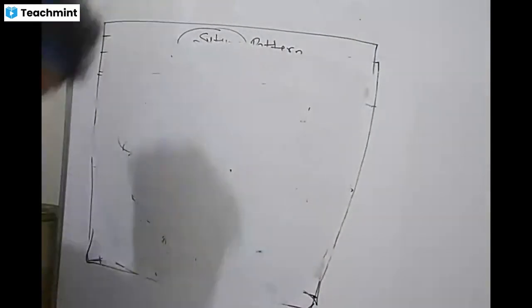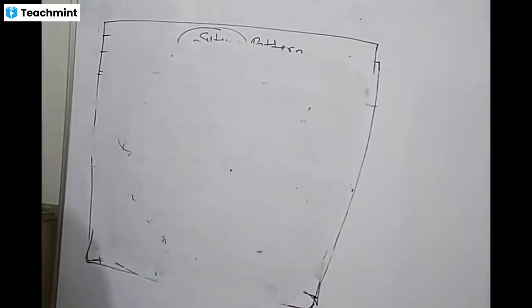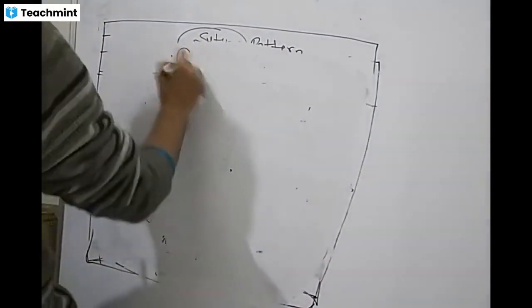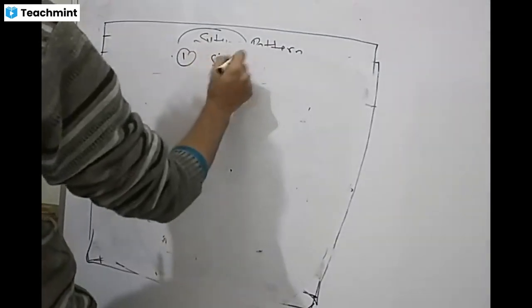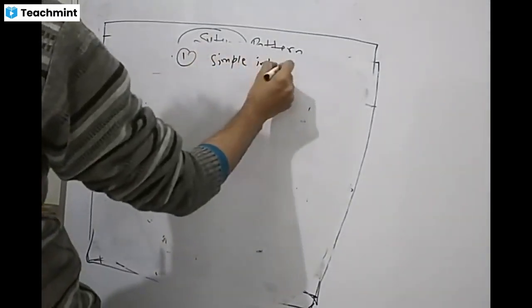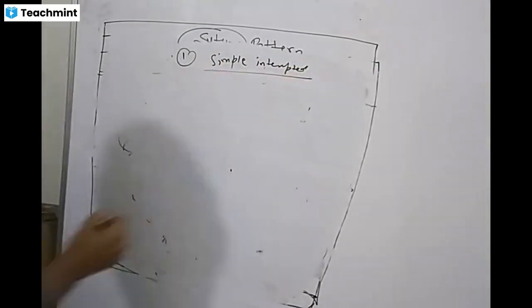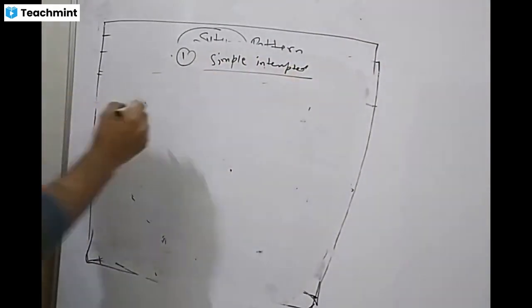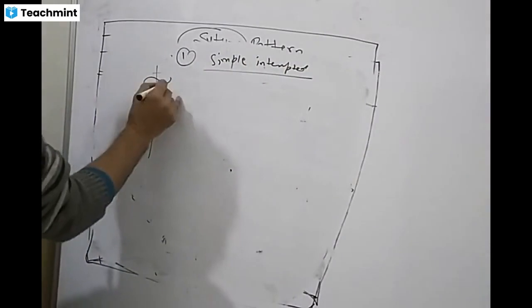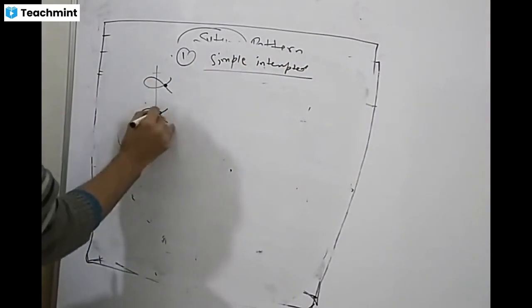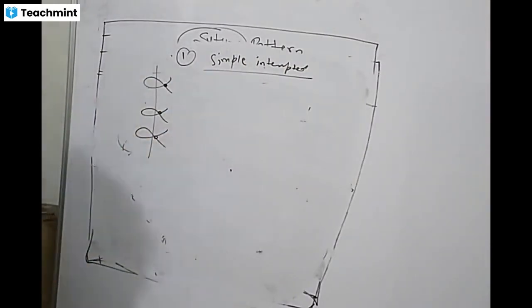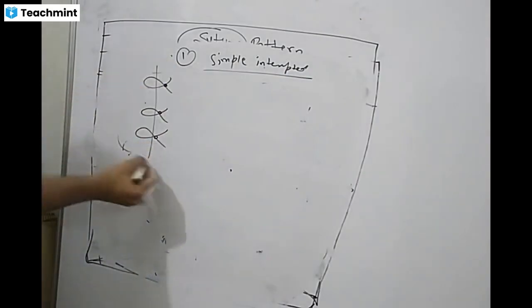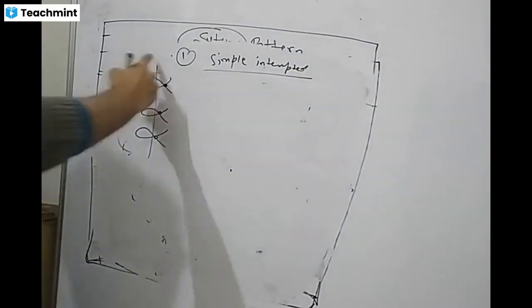So interrupted patterns are of the following types. First is your simple interrupted, where this pattern is created with all the knots lying on one side of the incision.